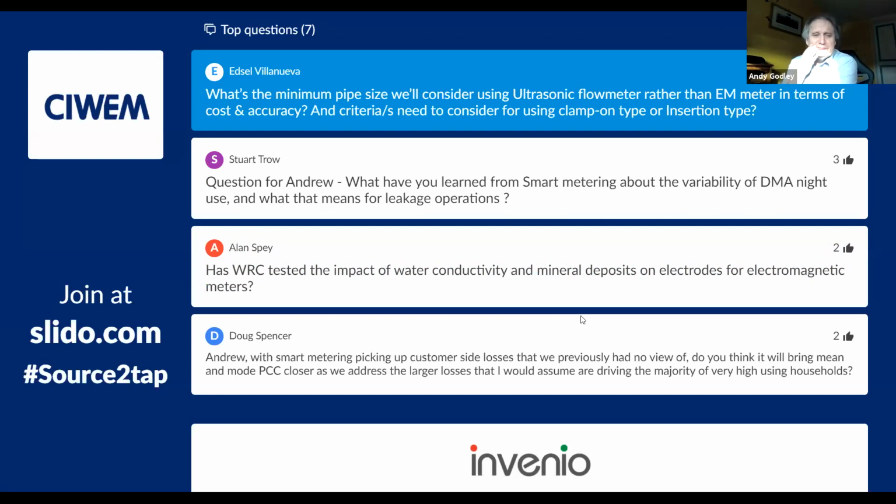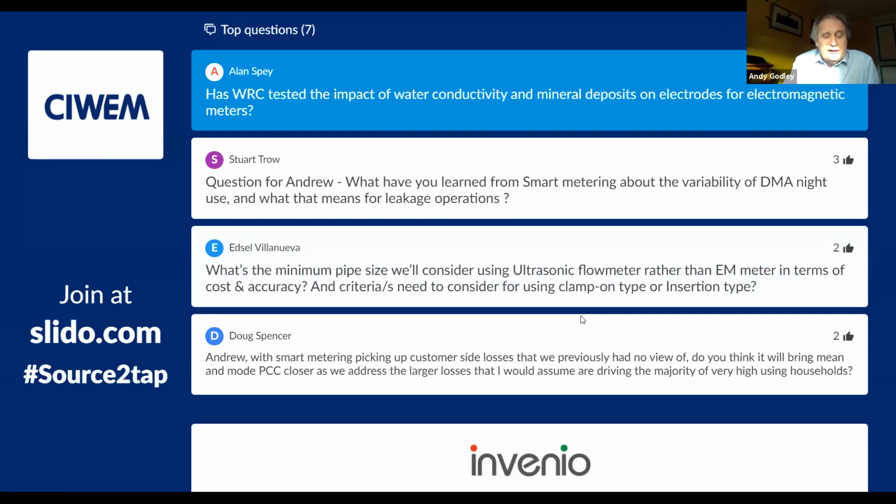Okay, so the conductivity question, I think there was some work done on conductivity quite a number of years ago, and I think the conclusion was that for most network applications, certainly in the water distribution network, conductivity isn't a problem.